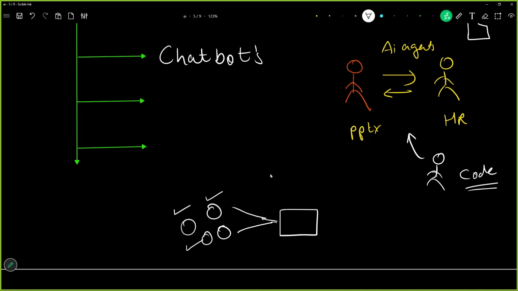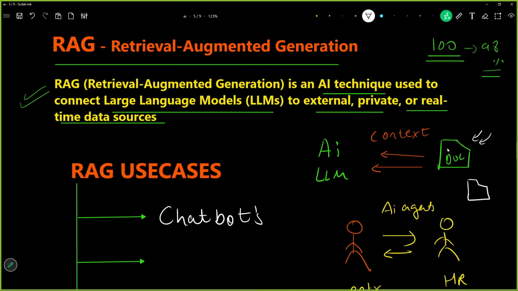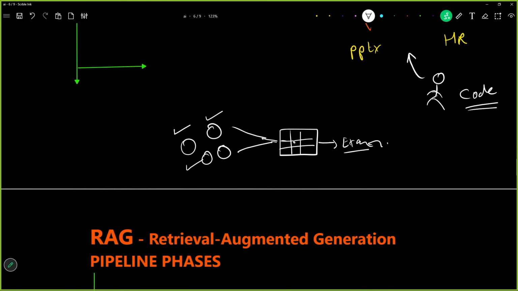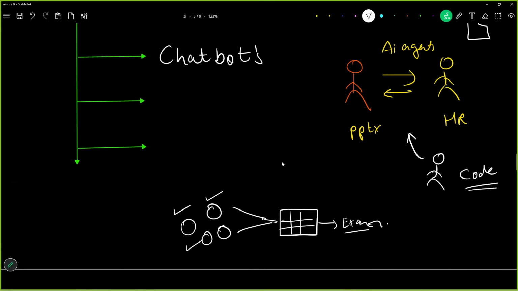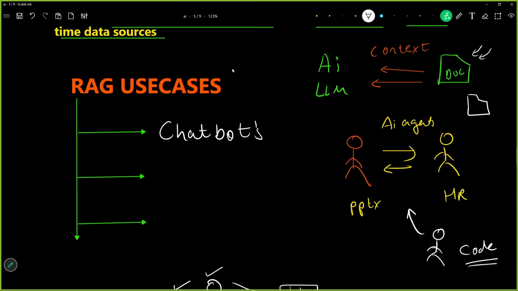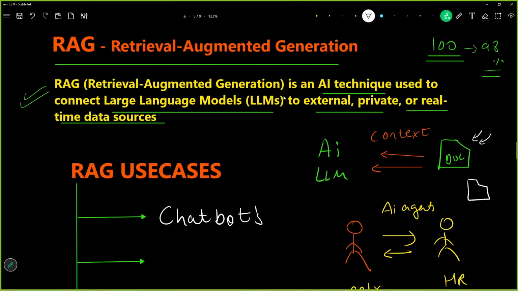We used to collect all the information from these different sources and finally build our master notes, and we used those for giving the exam. We retrieved information from different sources, augmented it all in one place, and then generated better answers based on the information we had. This is retrieval-augmented generation.